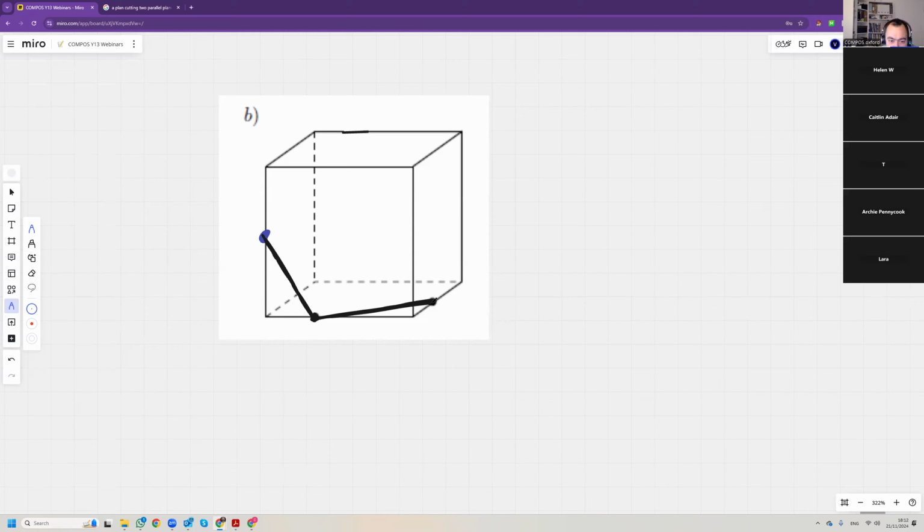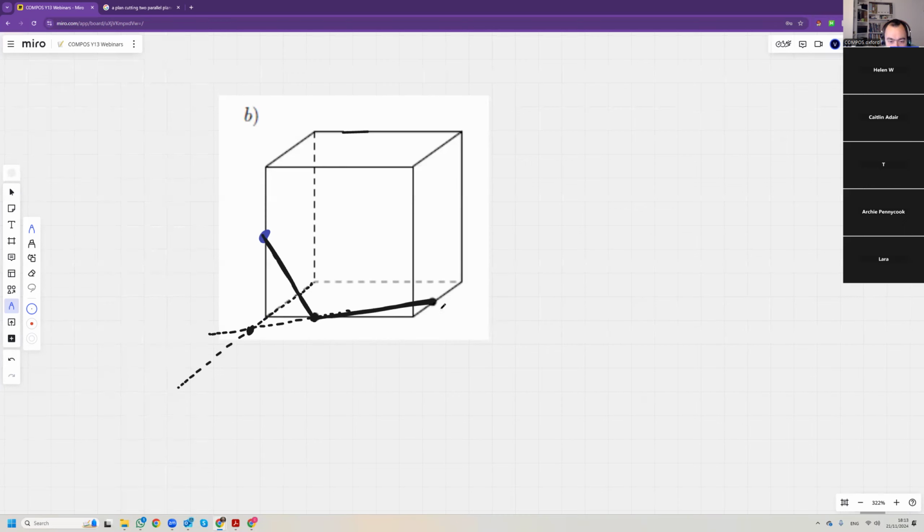let's extend the bottom plane, the base plane. So we extend this line, and we extend this line. This is where they meet. Okay.